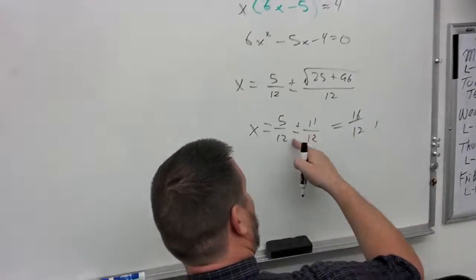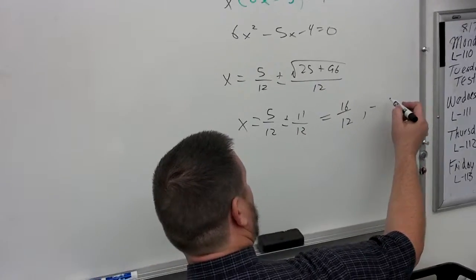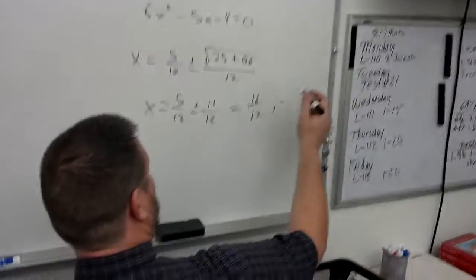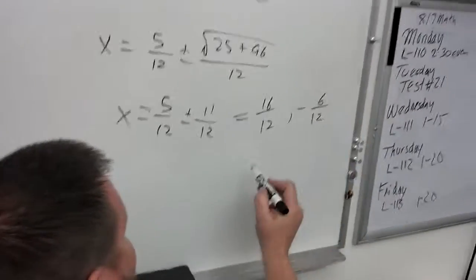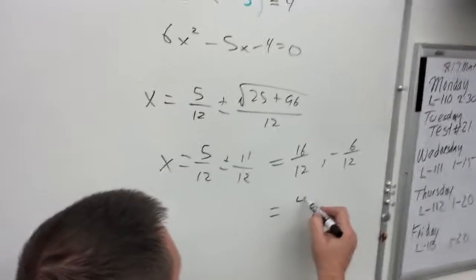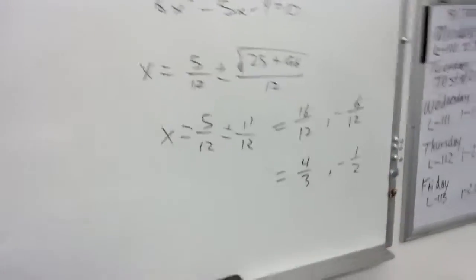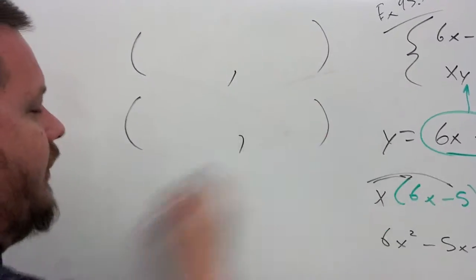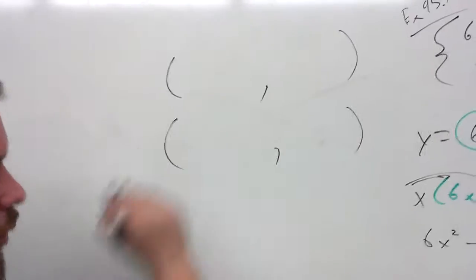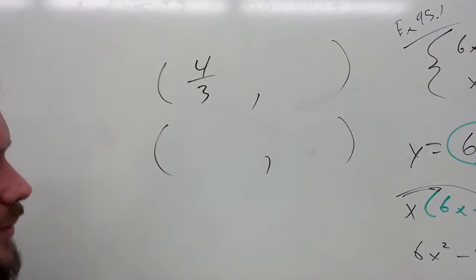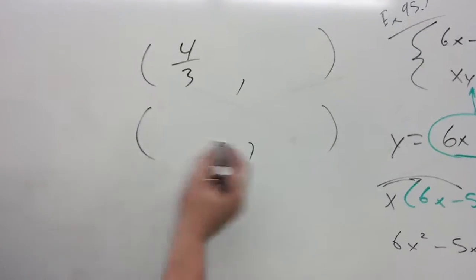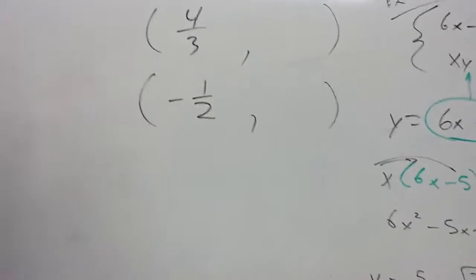And what's 5/12 minus 11/12? 5 minus 11 is negative 6 over 12, which reduces to 4/3 and negative 1/2. All right, so those are my two x values. Remember, we set up the coordinates for our solutions. We solved for x, so these two possible answers for x I have to put in the x spot. One is 4/3 and the other one is negative 1/2.